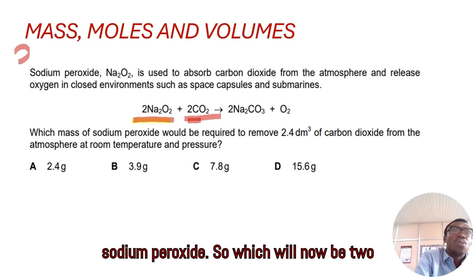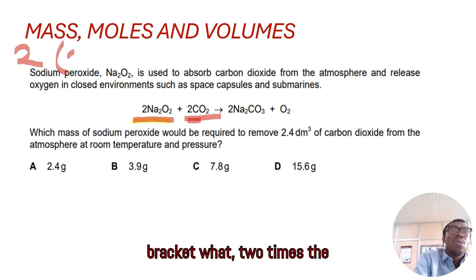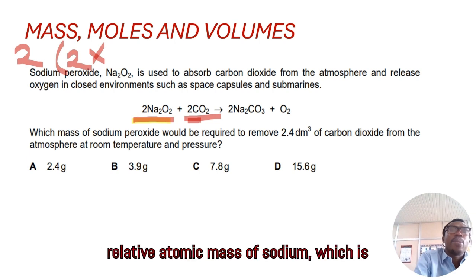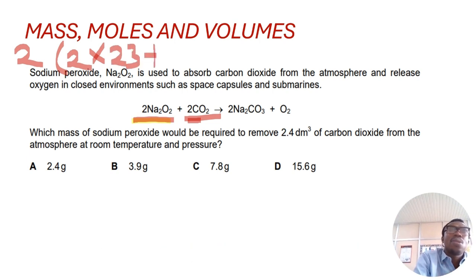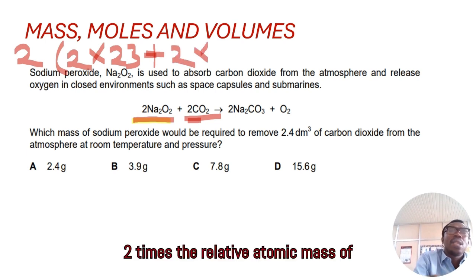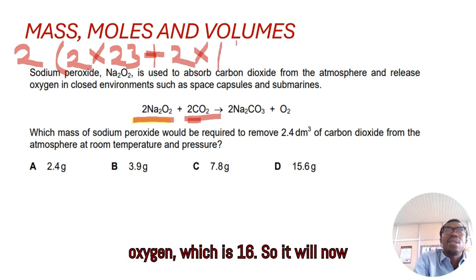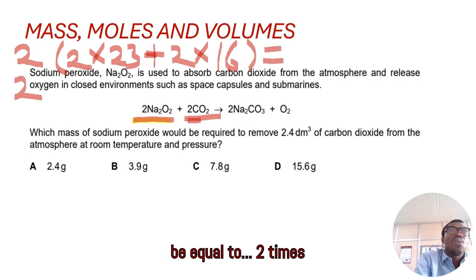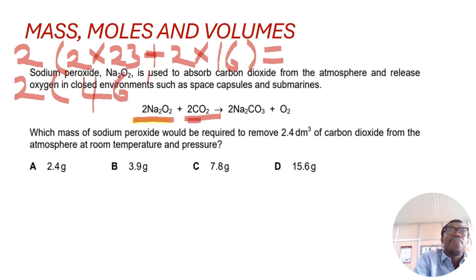That will be 2 times the bracket of 2 times the relative atomic mass of sodium, which is 23, plus 2 times the relative atomic mass of oxygen, which is 16. 2 times 23 is 46, plus 2 times 16 is 32.